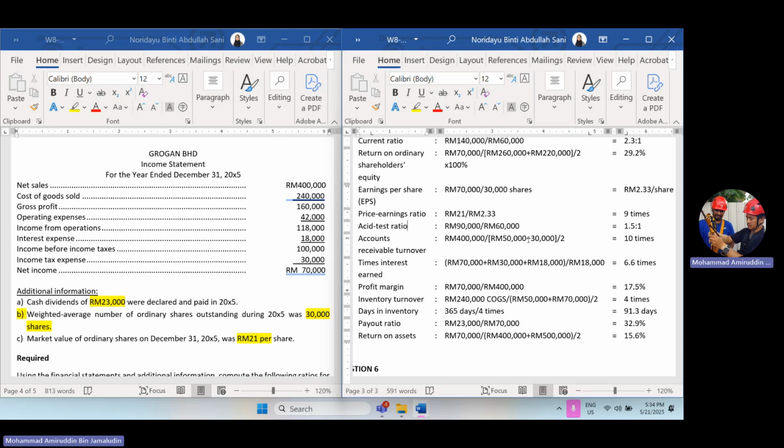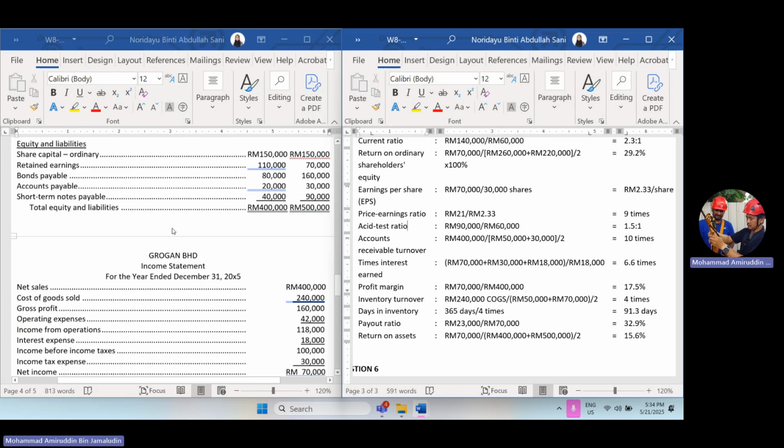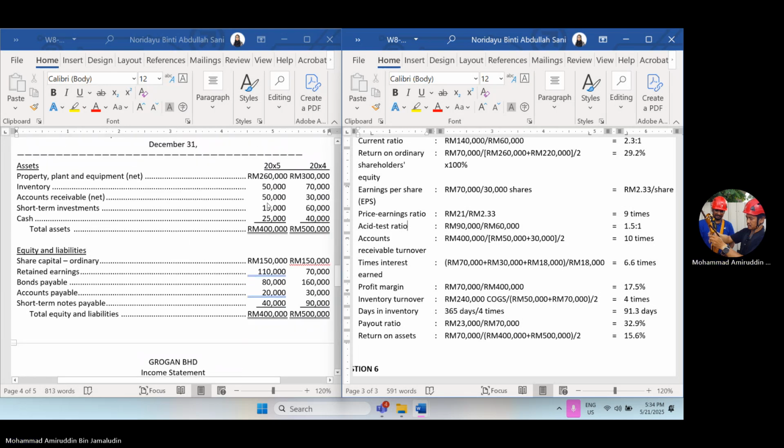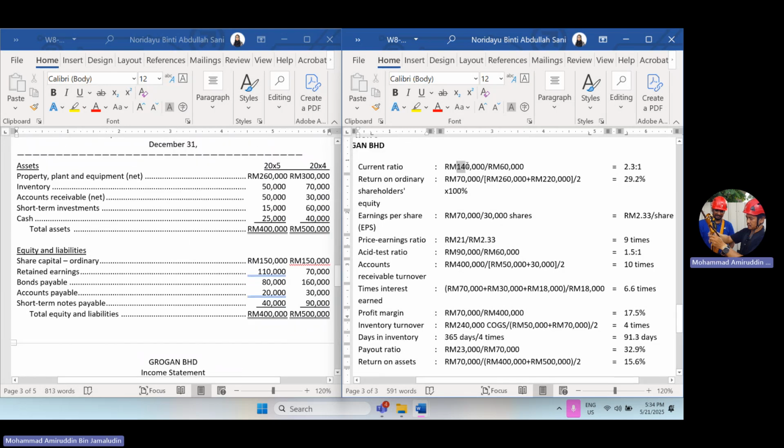We exclude the inventory. So go to your current assets. Just now for the current ratio, this 140, we plus 50, 15, 25. For quick ratio, for current assets, we just take 50, 15, 25. So you will get 90.